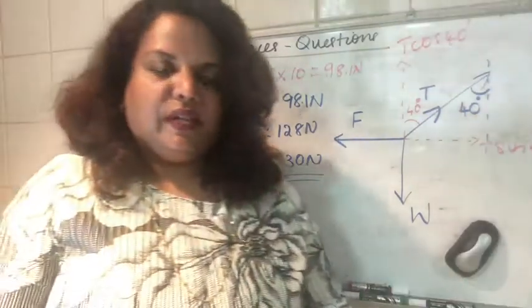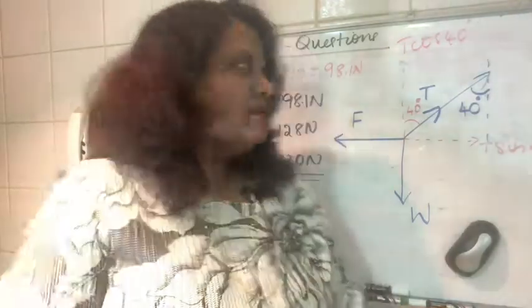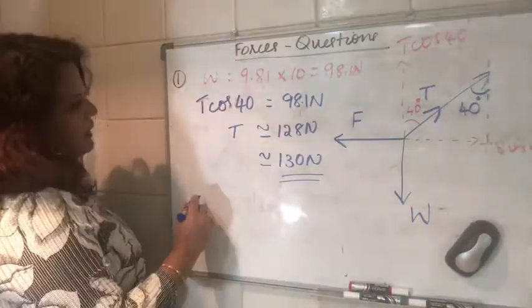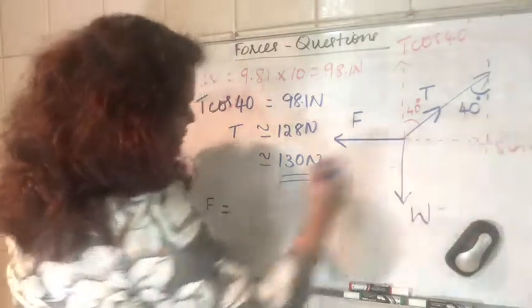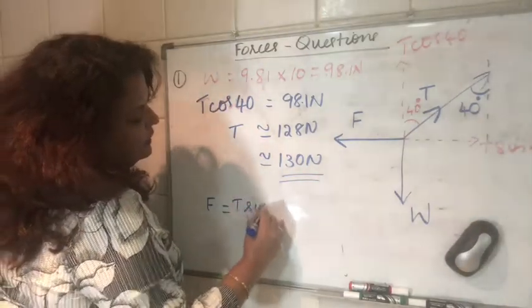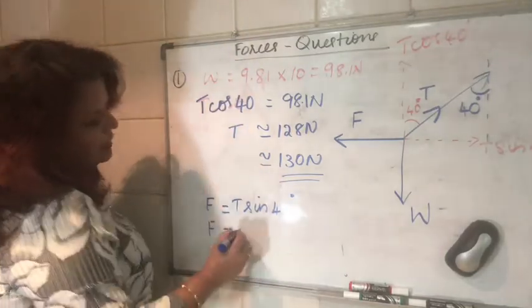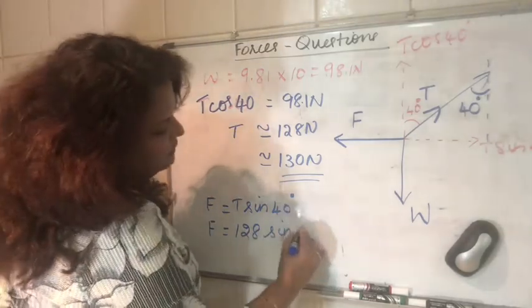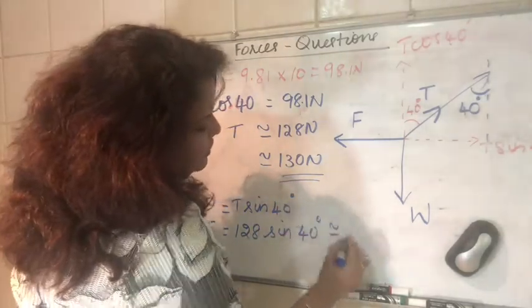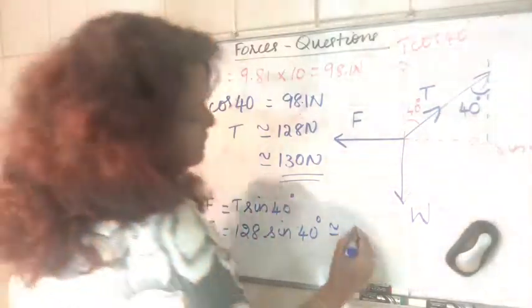Now they've asked you to use the horizontal component to determine F. That also is a straightforward calculation. F will be equal to this force, T sin 40 degrees. So T, you can use 128 sin 40 degrees, which will approximately give you, to 2 SF, 82 Newton.